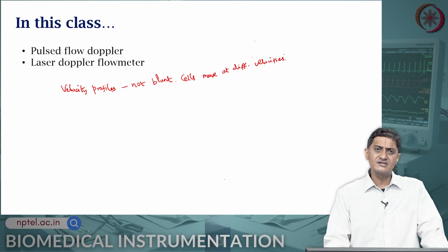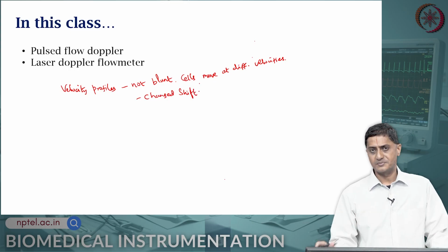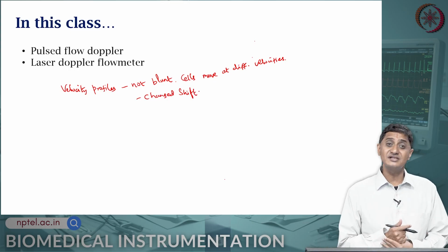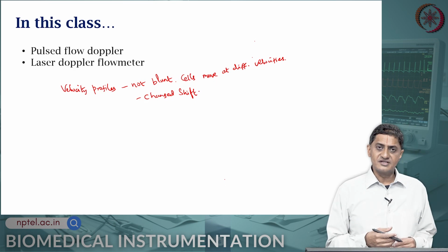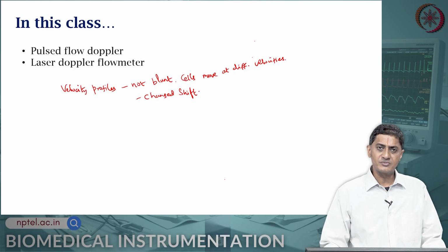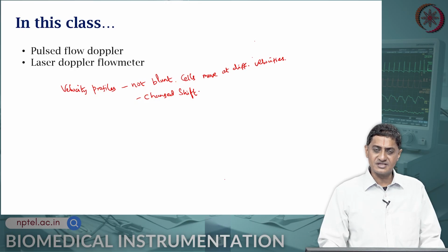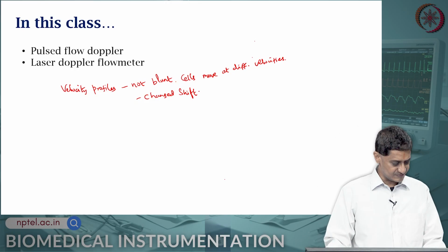This essentially causes a change in the frequency shift that happens with Doppler. This is one, because we are only measuring the shift in the frequency. One of the reasons why the shift might happen is because of this, but this is not actually seen, because what you are measuring is the net shift that is happening due to the velocity itself, but some of it may also be due to differential velocities of different cells.